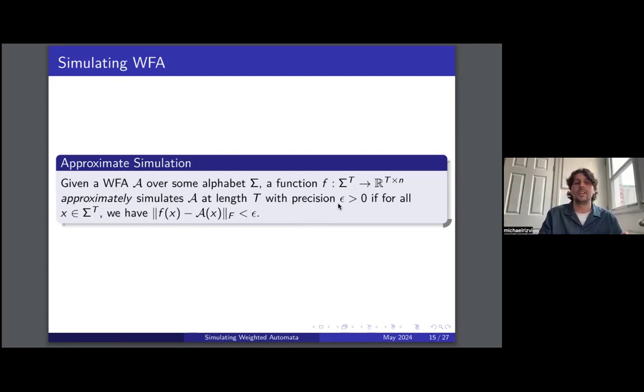Hopefully, if you give me a WFA and an arbitrary epsilon, I can guarantee some construction, or some function f, which can simulate A of x, A being the WFA. So the objective is now that I'm also playing with this epsilon. We're simulating some automata up to some precision, and hopefully we'll see in the theorems how, as we make epsilon smaller and smaller, we can still recover the construction.